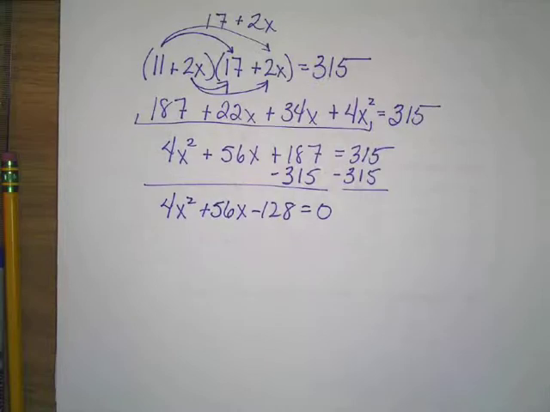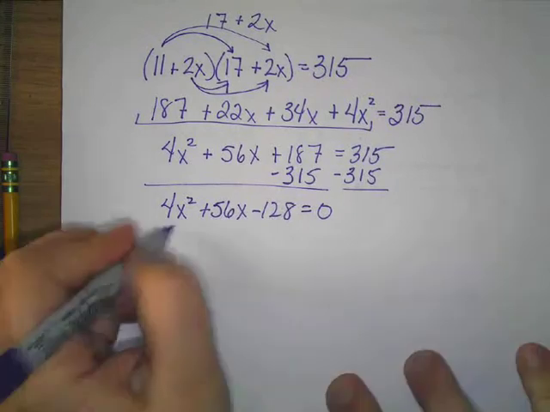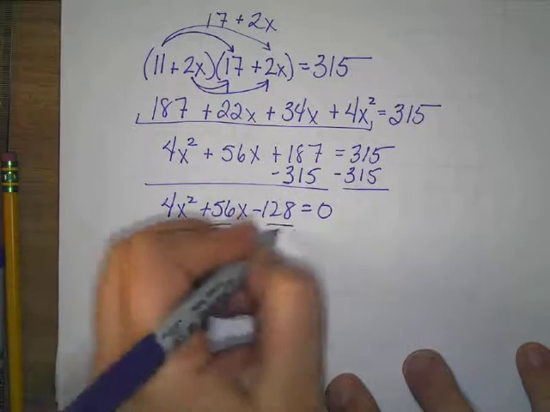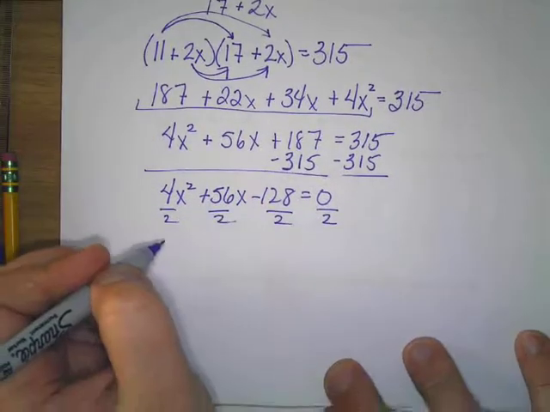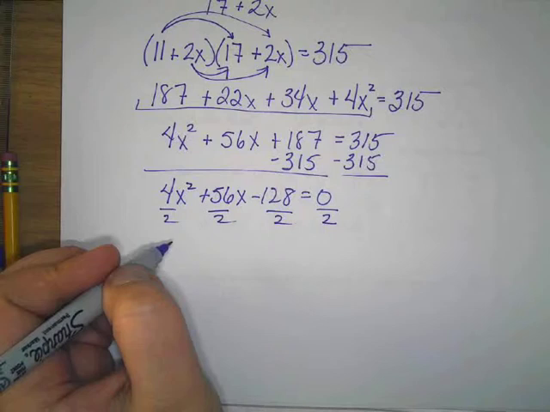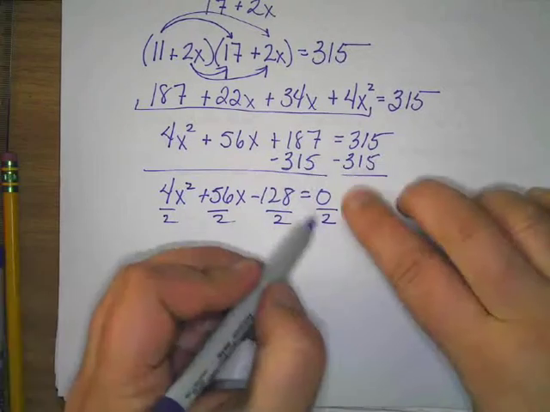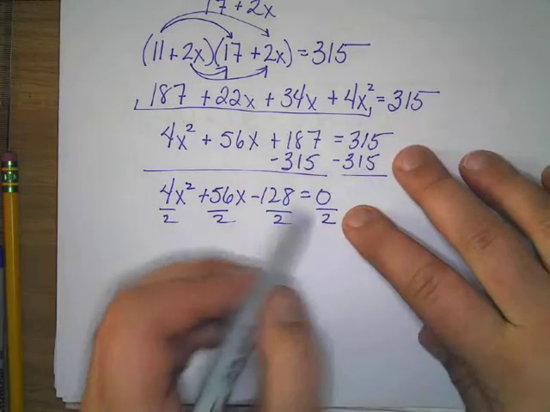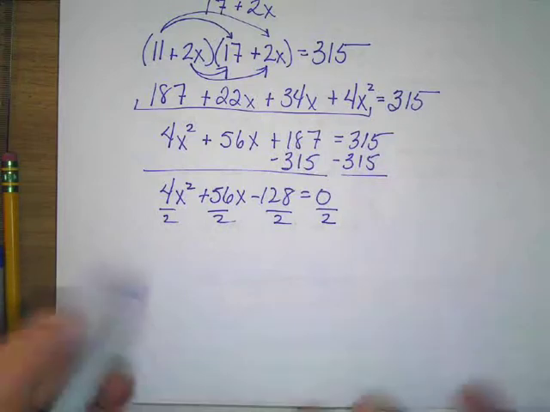Now, if you can take a number out of all three of these, always do it. I know we can definitely take a 2 out. So let's divide everything by 2. We can also do 4. Yep, I'm going to show you. If you see the 4, do it right away. But do you notice I also divided this side by 2? Because if you divide one thing by 2, you have to divide everything by 2, right?